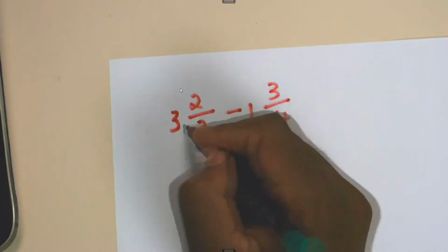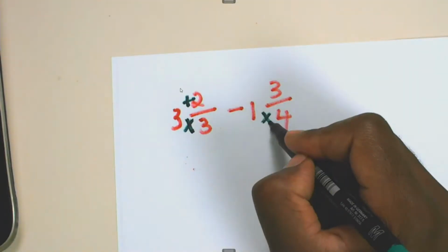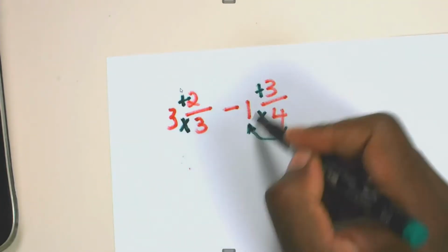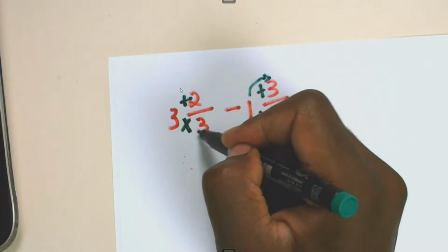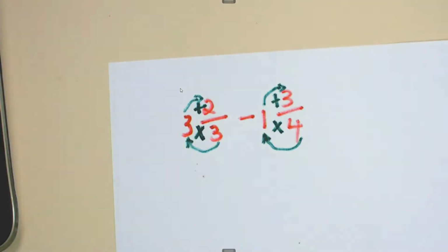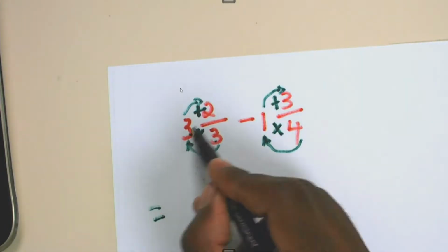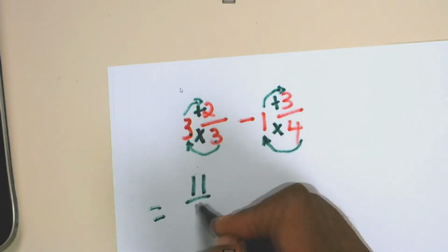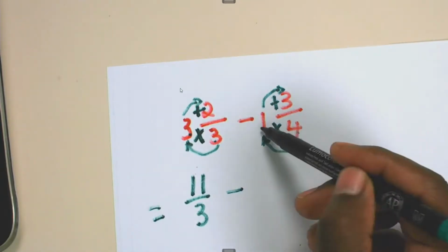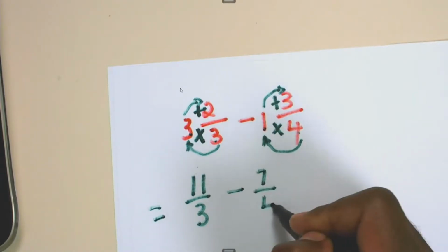We multiply by the whole number, we add the numerator. We always work it like this. Right. Then 3 multiplied by 3 is 9, plus 2, it gives us 11 out of 3. Then we say minus, then 4 multiplied by 1 gives us 4, plus 3 equals 7 out of 4.